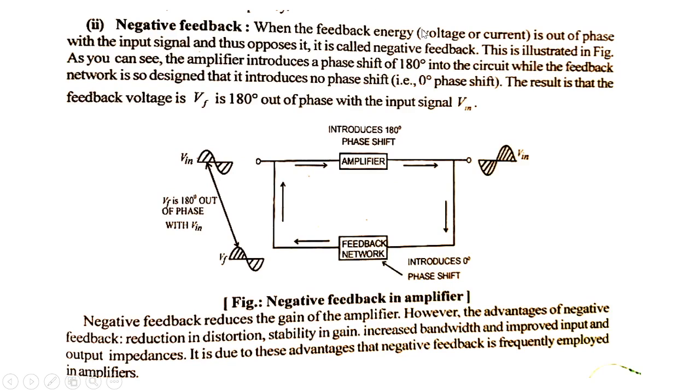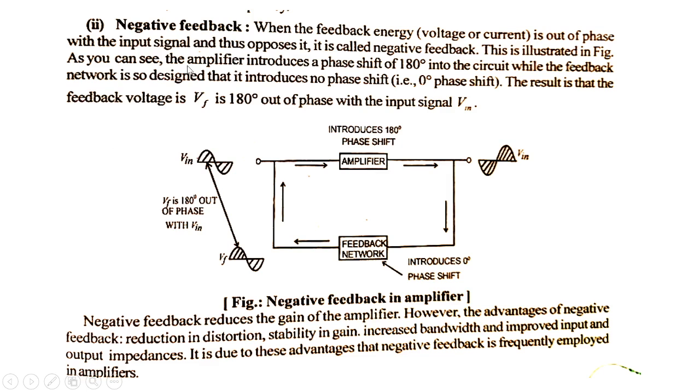Now see negative feedback. When the feedback energy, that is voltage or current, is out of phase with the input signal and thus opposes it, it is called negative feedback. This is illustrated in the figure.